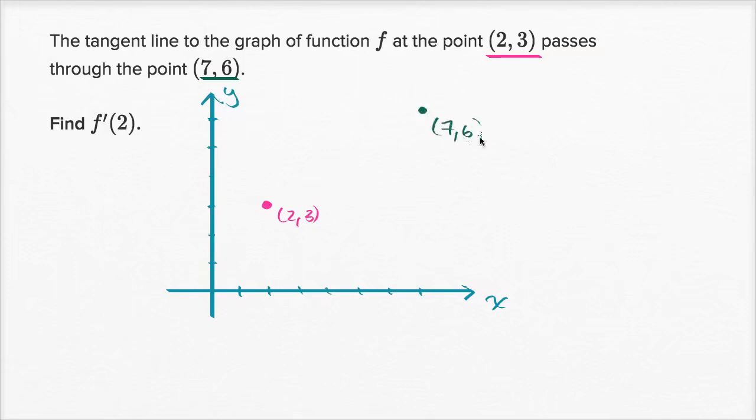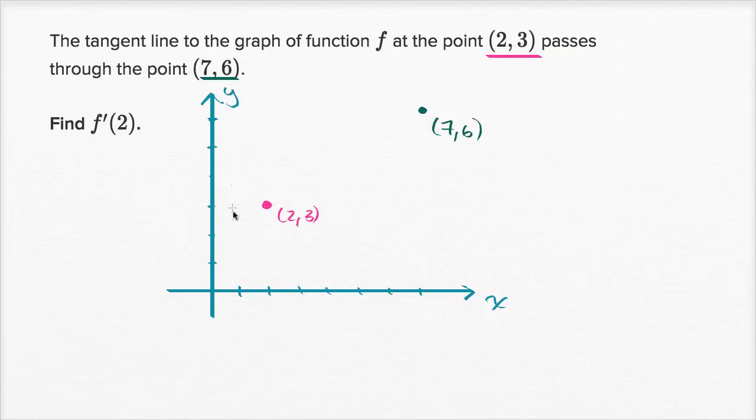Now let's remind ourselves what they're saying. They're saying the tangent line to the graph of function f at this point passes through the point (7, 6). So if it's the tangent line to the graph at that point, it must go through (2, 3). That's the only place where it intersects our graph, and it goes through (7, 6). You only need 2 points to define a line.